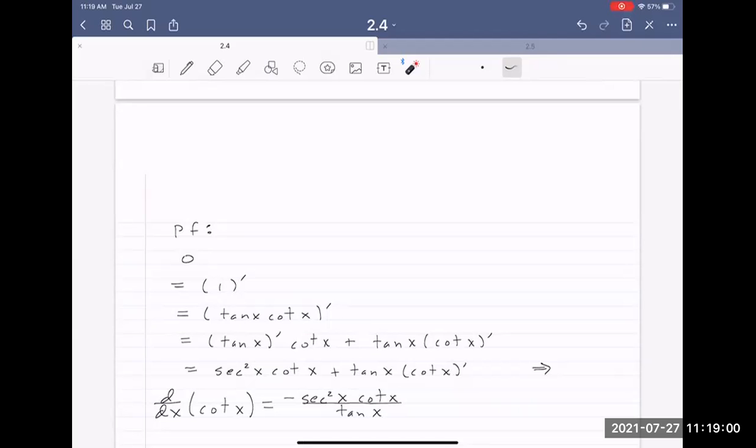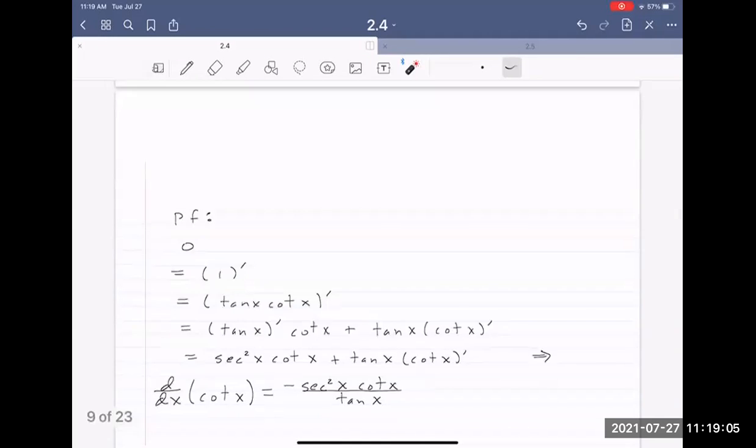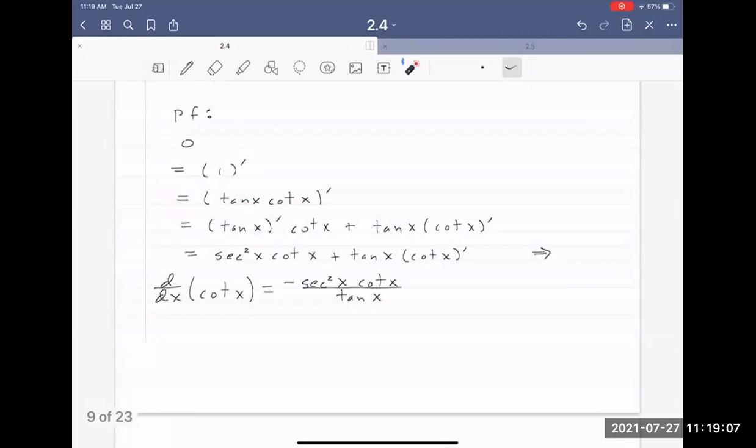So this is the derivative of tangent x times cotangent x. Let's use the product rule. So this is equal to the derivative of tangent x times cotangent x plus tangent x times the derivative of cotangent x.